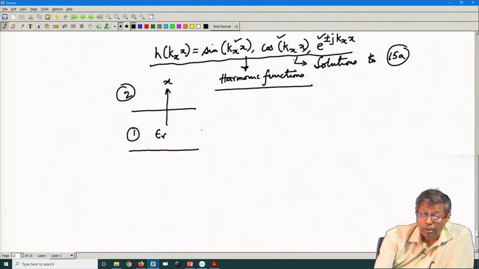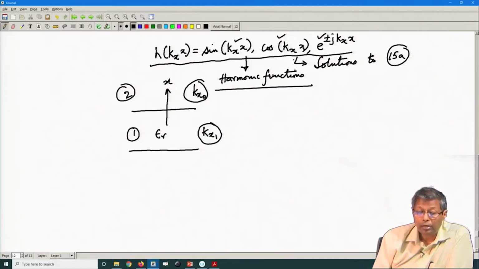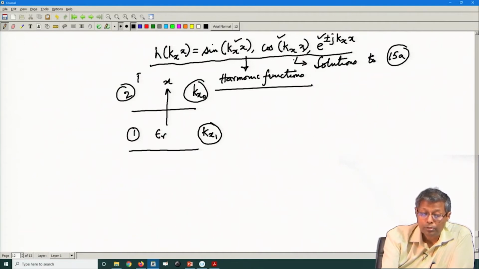So, this medium has the wave number along the x direction as k x 1, this medium has the wave number k x 0, this is free space.